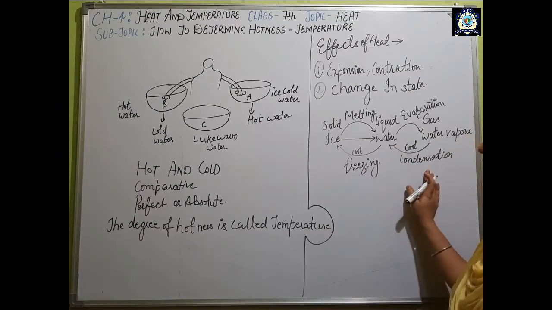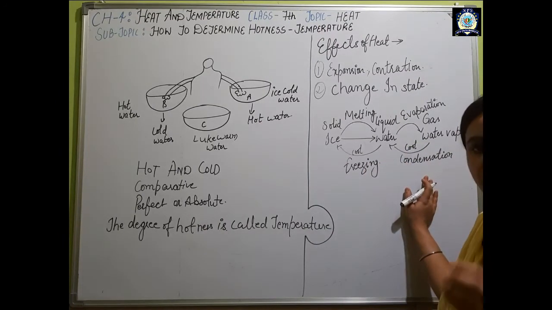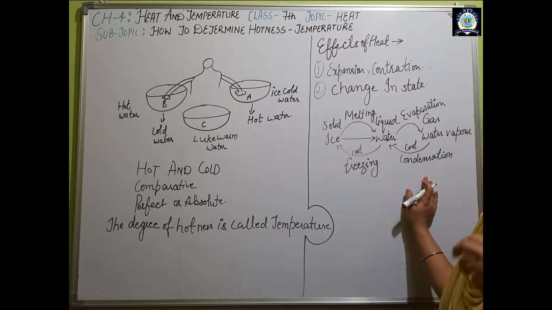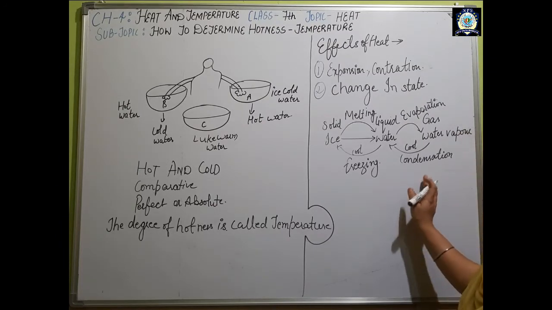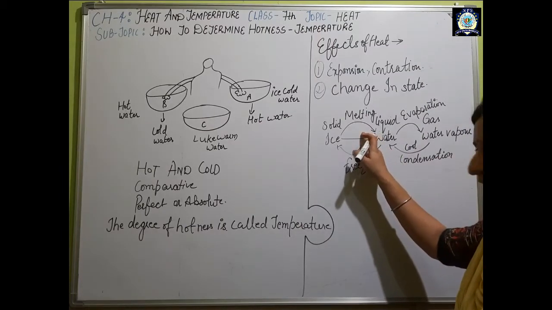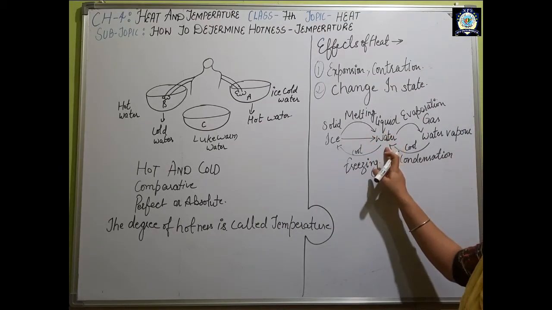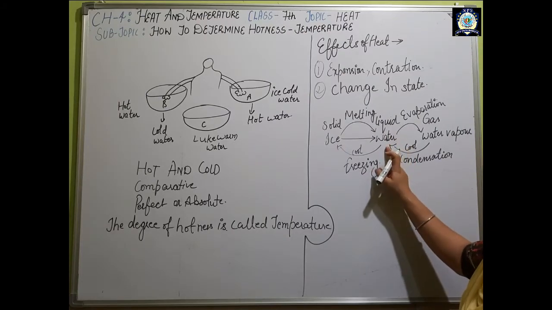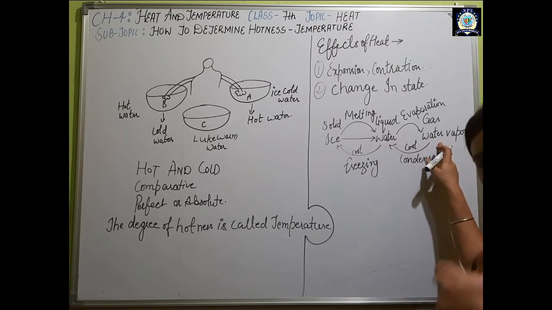So see, when we want to see the effects of heat, we can easily see that on gaining heat, ice changes to water, then water changes to water vapor on heating.